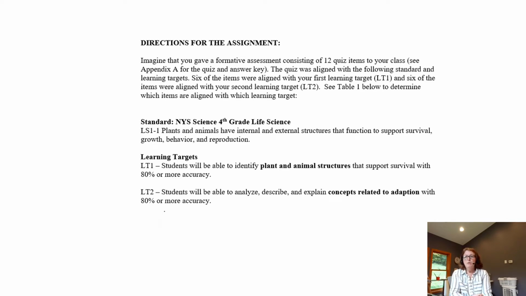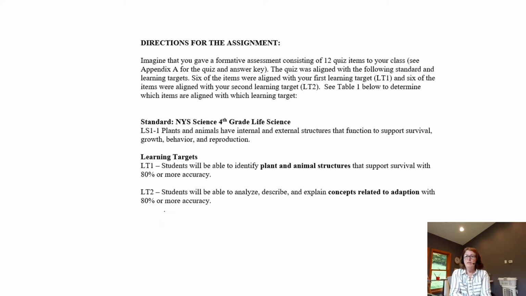So this particular quiz has 2 learning targets that are aligned with that standard. Learning target 1: students will be able to identify plant and animal structures that support survival with 80% or more accuracy. Learning target 2: students will be able to analyze, describe, and explain concepts related to adaptation with 80% or more accuracy.